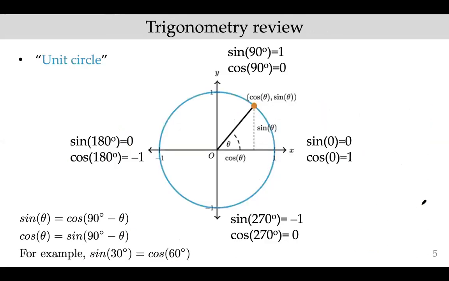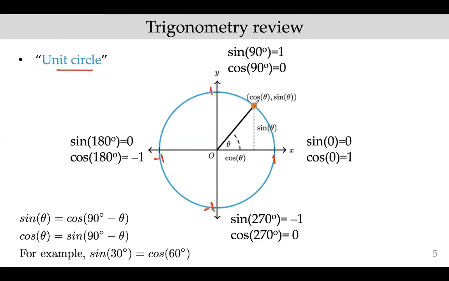So let's continue with another concept, which is called the unit circle. The unit circle is very useful if you want to calculate angles like sine 90, sine 0, 180, these kinds of angles. So think about a circle. It's called the unit circle because its radius is 1. So here you get 1, you get -1, again -1, -1.